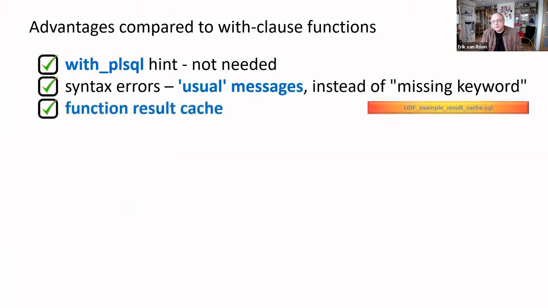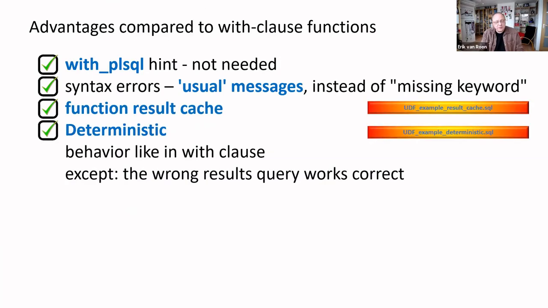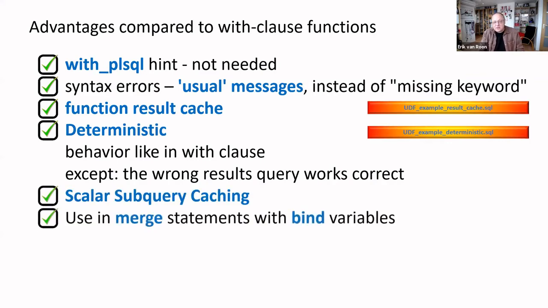You can use function result cache. You can use deterministic, although the behavior is exactly like in the with clause, but you don't run into that bug that I told you about. So at least you don't have to worry about wrong results. And you can use scalar subquery caching, and you can use it in a merge statement with bind variables.